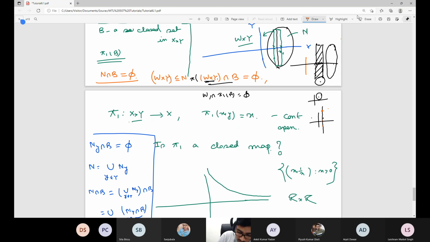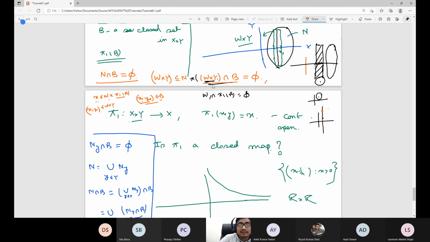Suppose some X belongs to W intersection pi 1 of B. Since X is in pi 1 of B, there should be some Y such that X comma Y belongs to B. But X belongs to W and Y belongs to Y, so X comma Y belongs to W cross Y. This contradicts the condition that W cross Y intersection B is empty.